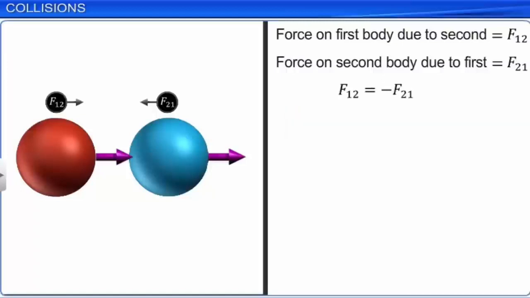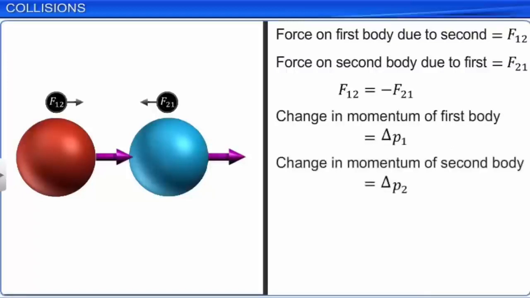if ΔP1 and ΔP2 are changes in momenta of the first and second bodies respectively, then force F12 will be equal to ΔP1/Δt, and force F21 will be equal to ΔP2/Δt.